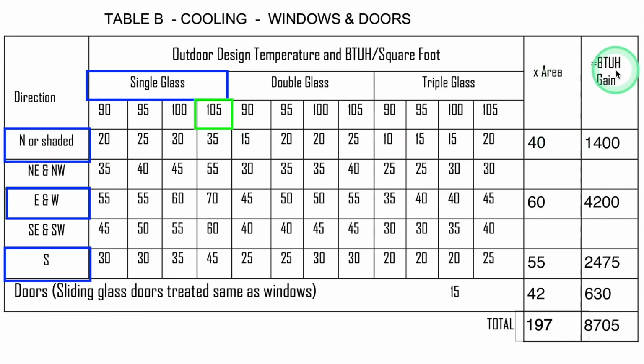And that'll give you your total BTU per hour of gain for that wall of windows. You add up all the windows once you figure out the calculations on them, and that'll give you your total heat gain of all the windows for the whole house of windows and doors.